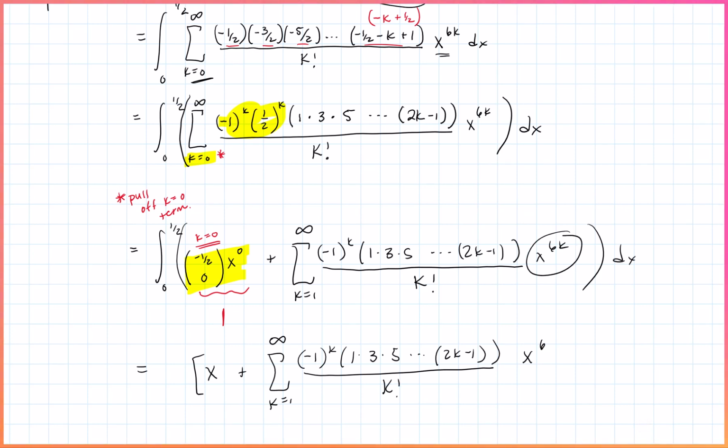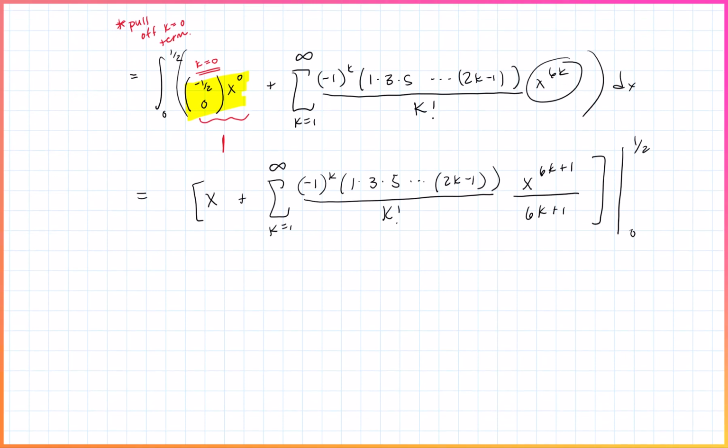This becomes x to the 6k plus 1 using our power rule for integration, over 6k plus 1. Now we need to evaluate that whole thing from 0 to 1 half. Remember, it was 0.5, but we switched it to 1 half, and I prefer working with the fractions. So now we're going to plug those values in.